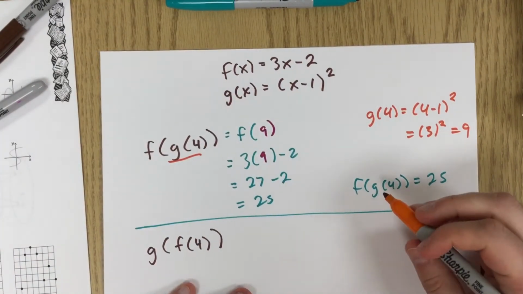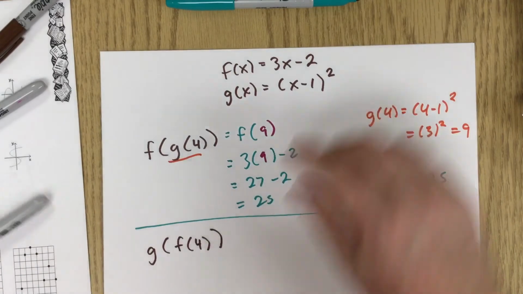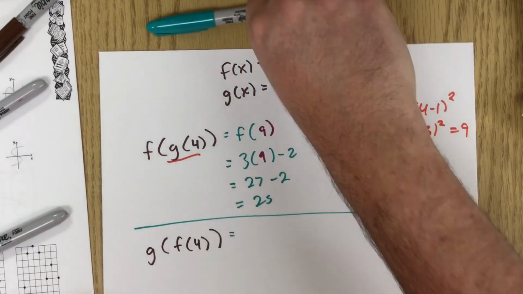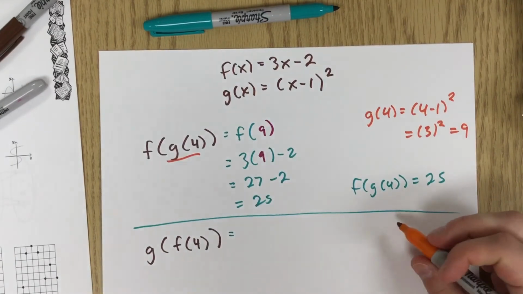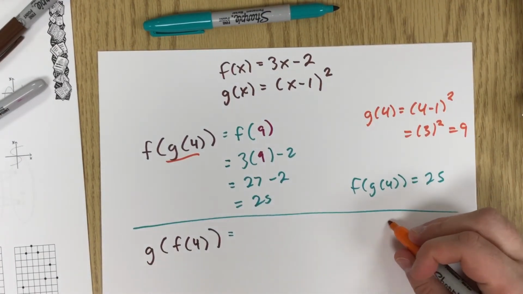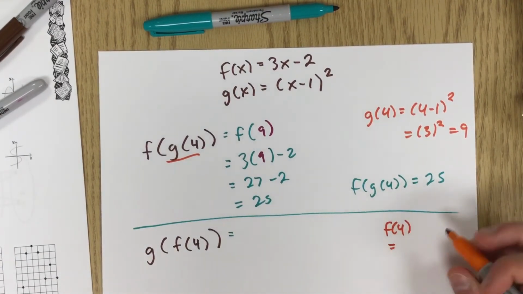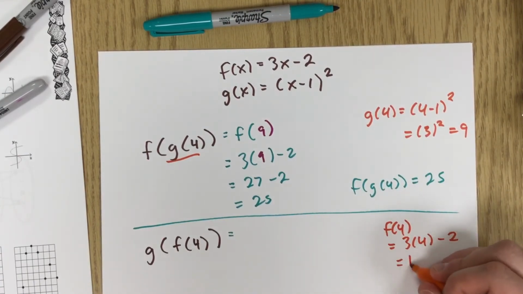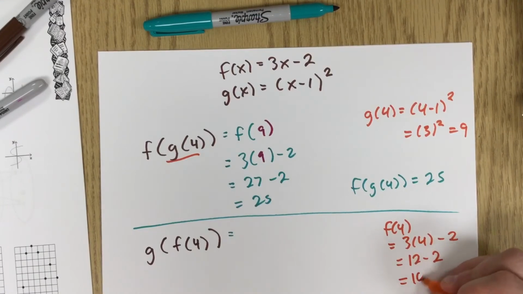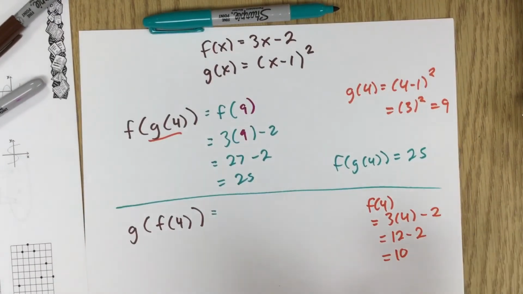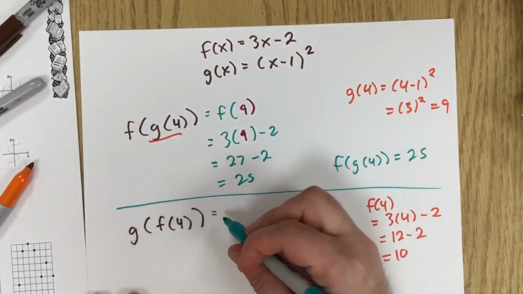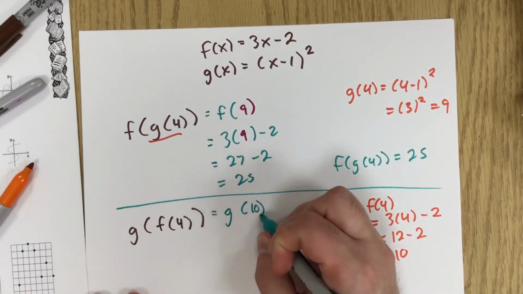So f of 4, I'm going to try to do it in line. So f of 4 is going to be, no, I'm not. It's going to be complicated. f of 4 is going to be 3 times 4 minus 2, which is 12 minus 2, which is 10. So that's going to be the same thing as writing g of f of 4 is the same thing as g of 10.